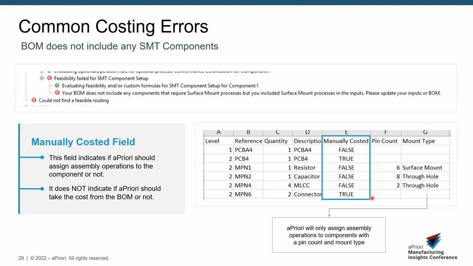So I'm going to set this as manually costed to true because I'm not providing a pin count or mount type, and a priori is not going to be able to assign an operation to it. I'm going to tell a priori using my inputs that there's a manual assembly operation. Another example would be if you have ESD bags on the bill of material and there's not an assembly operation for those, but you need the component cost to be accounted for. That would be manually costed as true.